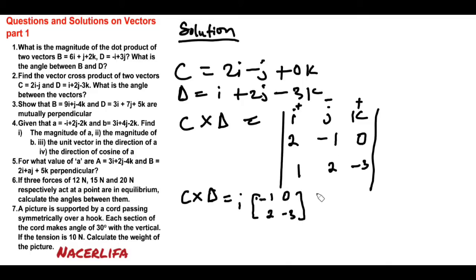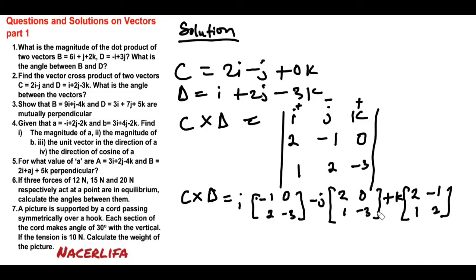Then we have minus J. You close this and close this, you have 2, 1, 0, minus 3. Then you pick K, it's positive. You close this and close this, you have 2, 1, minus 1, 2. So this is the easiest method of finding the cross products. We can as well do it using the previous method.